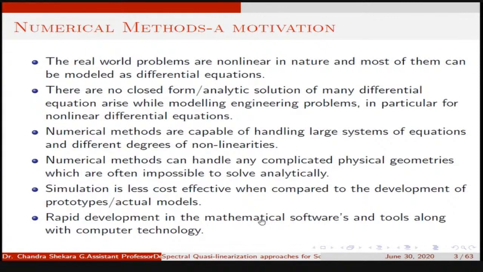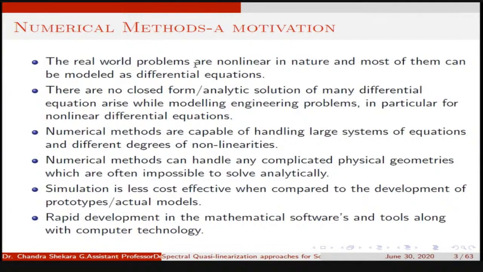To mention a few, MATLAB is a very useful software, and nowadays it is both symbolic as well as numerical software. There is a complete symbolic software called Mathematica, a simulation software called COMSOL, and an open source software called Python. Many software tools have been developed because of this advancement in numerical methods.